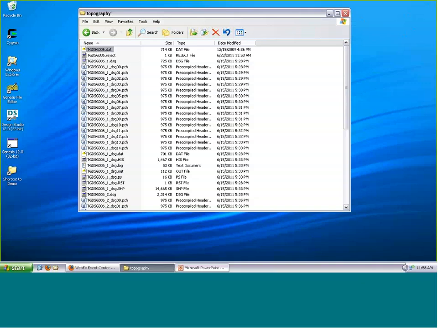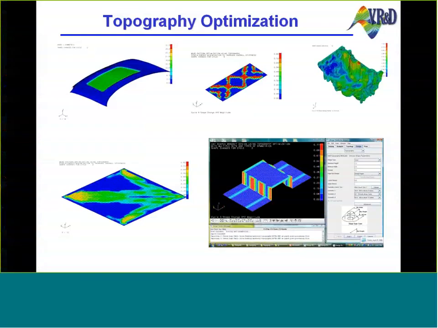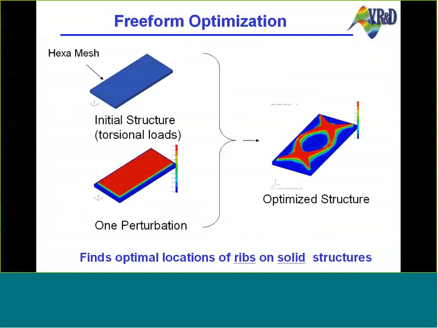So finally, I would like to consider the last form of optimization we have in Genesis and Design Studio, which we call freeform. And this is actually the latest addition to Genesis and Design Studio. In this, it's very similar to topography in a sense, in that we're going to make many design variables and we're going to have lots of perturbations. But rather than forcing us to only look at surfaces of shells, we are going to basically consider any perturbation set.